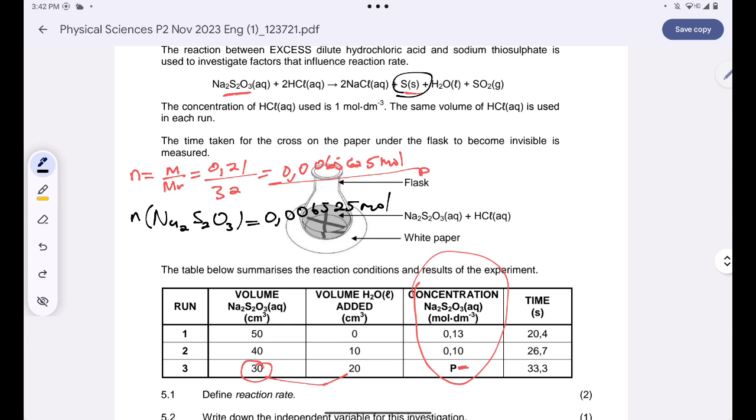So all I need to do is to calculate the amount of mass which was used, because these are the number of moles, right? How can I find the mass? Remember that number of moles is equal to mass all over the molar mass. Therefore my mass will be number of moles times the molar mass.